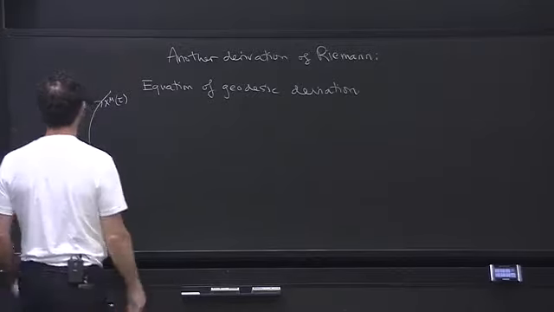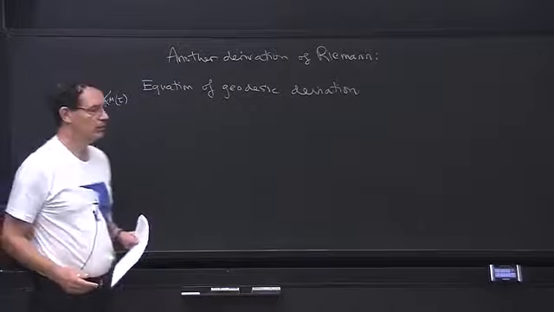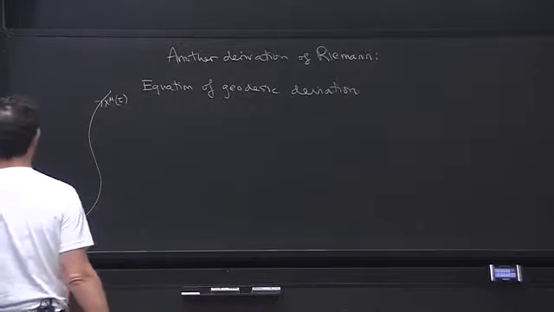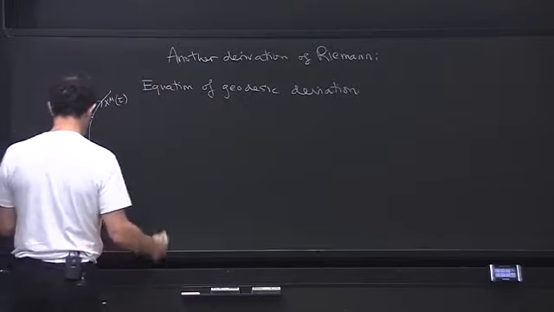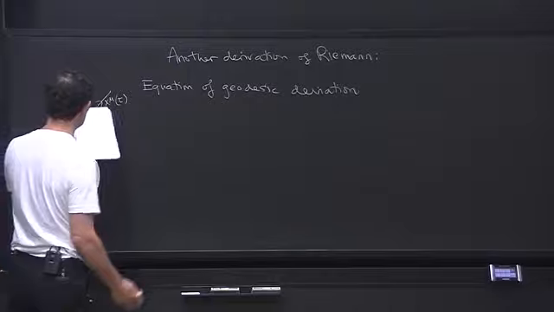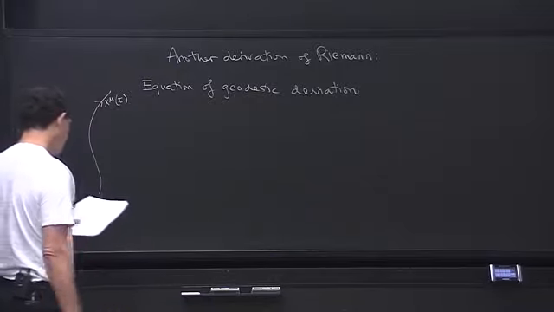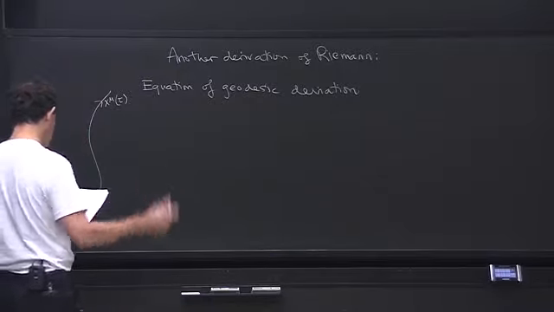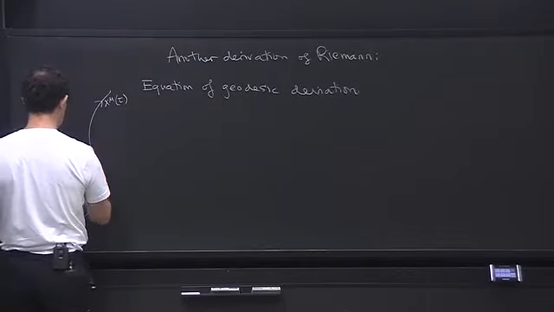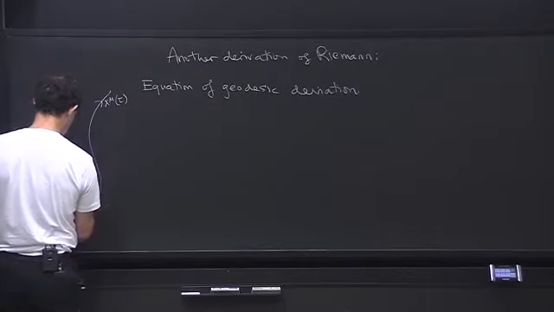So the geodesic equation we're going to use in its affine form, or equivalently, you can think about this as a photon with an affine parameterization of its geodesic. So I've got one geodesic, and let's consider another geodesic, which is nearby.